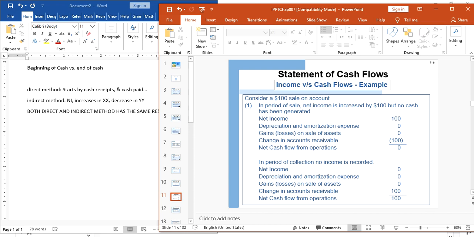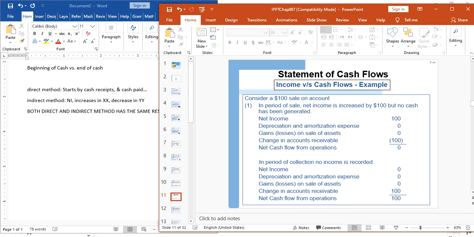Okay, so at the end of the period, net cash flow from operations is 0. Why? Because we sold $100, but we didn't receive any cash. So the change in operating cash flow is 0, and the other activities are 0. Okay, only considering that one.